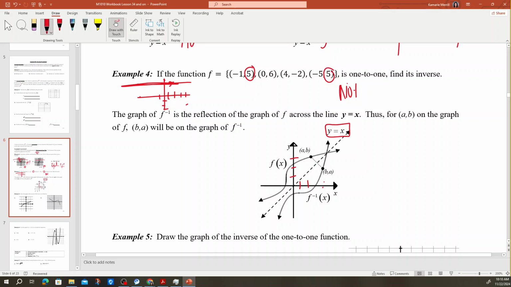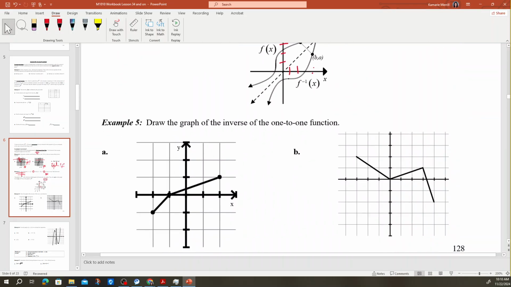It's really easy. Inverses are essentially a turned and flipped version of each other. If I turn something 90 degrees and flip it, that's an inverse. You should be able to fold inverses over the line y equals x, and they should line up with each other. So you know you sketched something correctly if that happens.